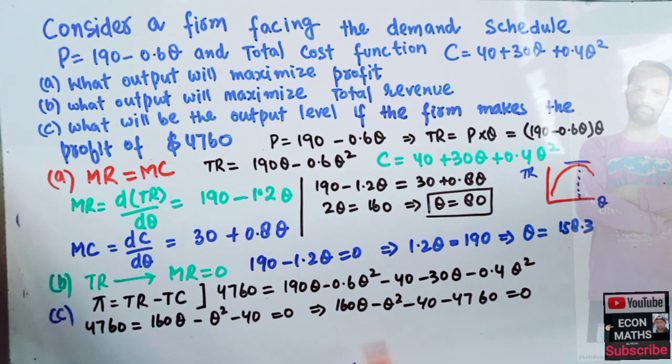Let me write it here. Let's first write minus q square, then plus 160q, then minus 40 and minus 4760, which comes out to be minus 4800.